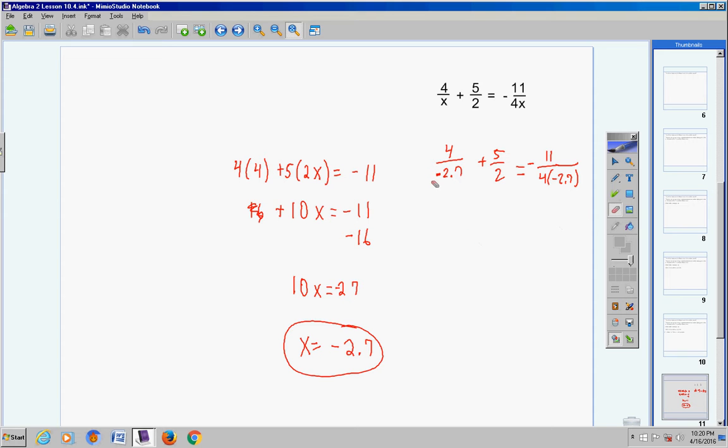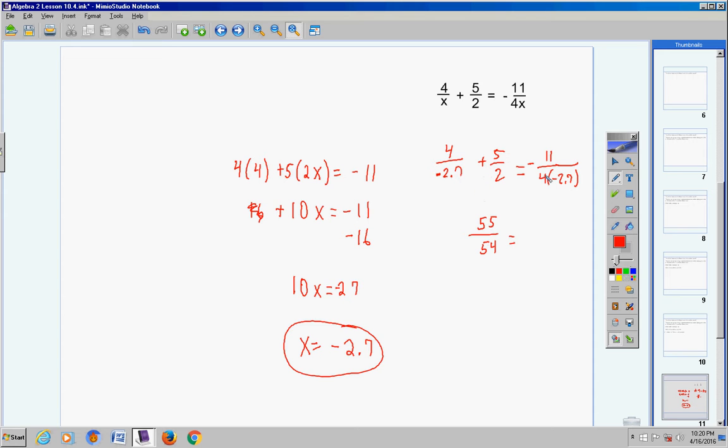So 4 divided by negative 2.7, enter, plus 5 divided by 2, enter, math, enter, enter. You get this. I apologize, sorry. Here I am telling you guys to know how to work your calculators, and I can't work mine. 55 over 54, alright? So I typed in 4 divided by negative 2.7, enter, plus 5 over 2, enter, then math, enter, enter, and this came up.